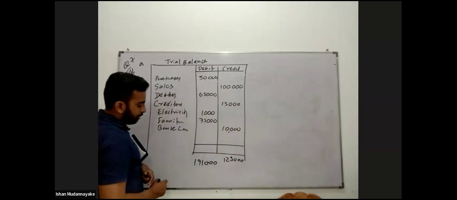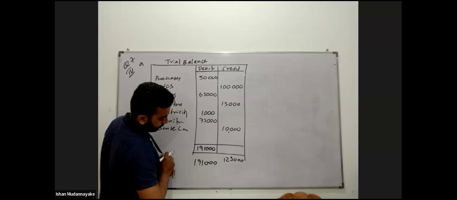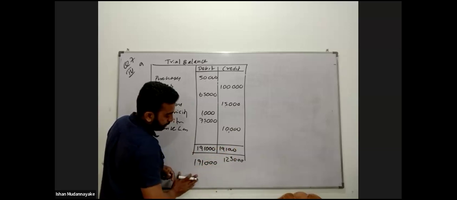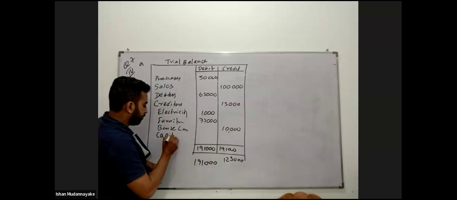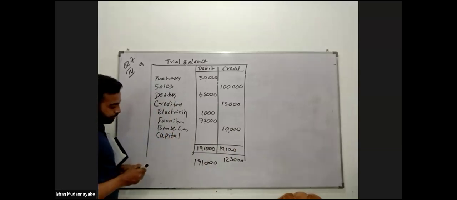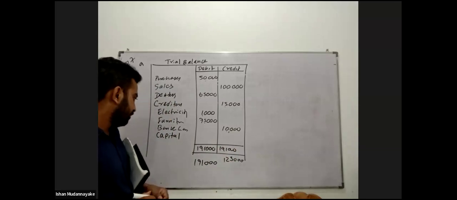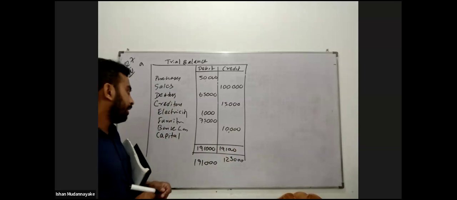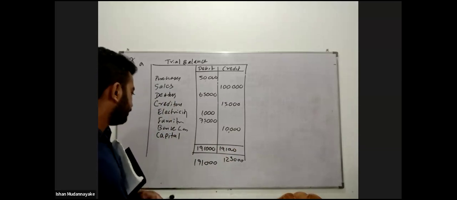Students, debit side 191,000. We'll transfer that amount to the debit side 191,000, and then we will record the difference as capital. We can't transfer the difference to the suspense account. Here, capital has not been given. Therefore, we need to record that difference as capital.